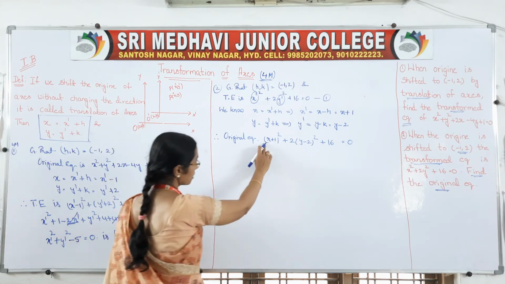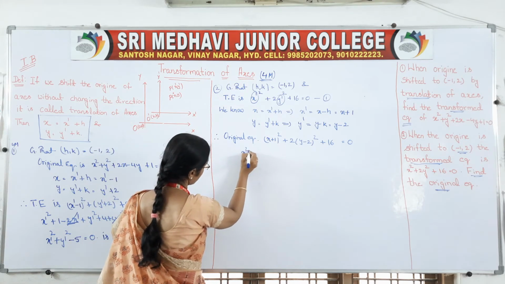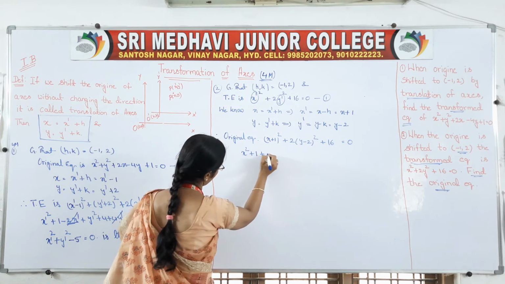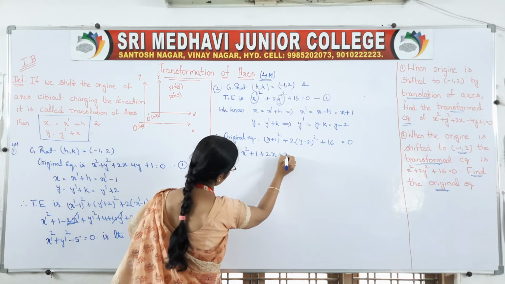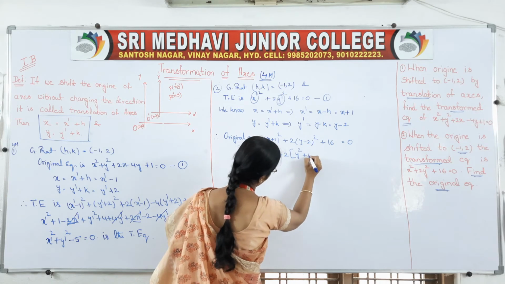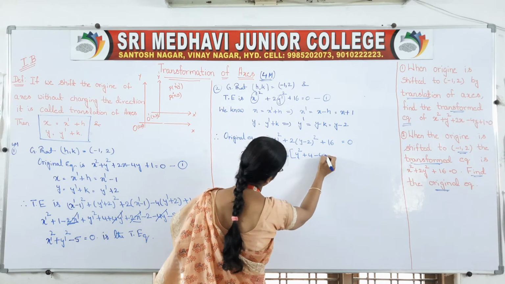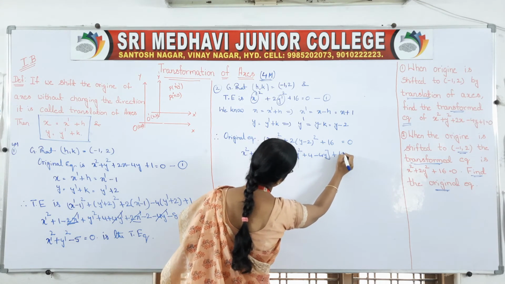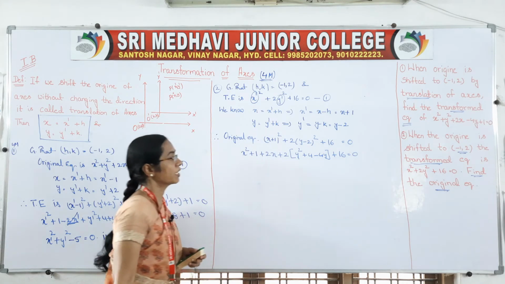So it is (a plus b) whole square. So x square plus 1 plus 2x plus 2 into y square plus 4 minus 4y plus 16 is equal to 0.